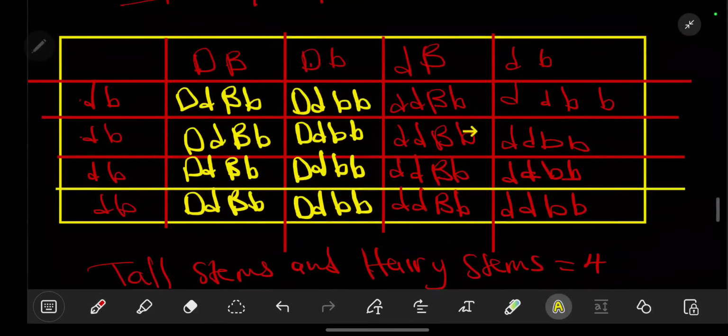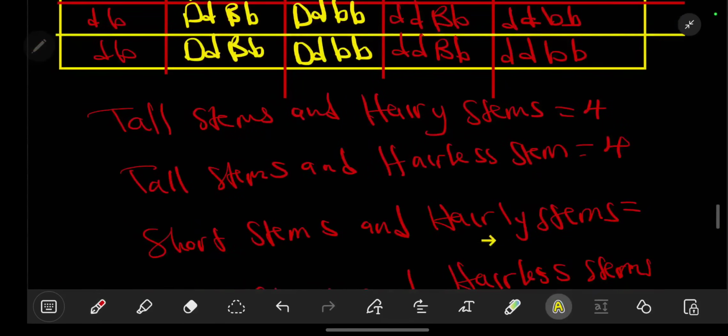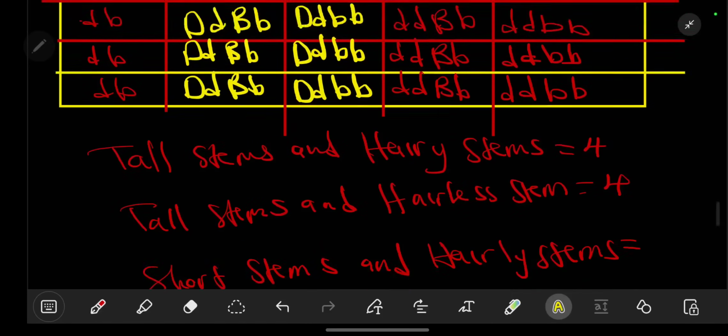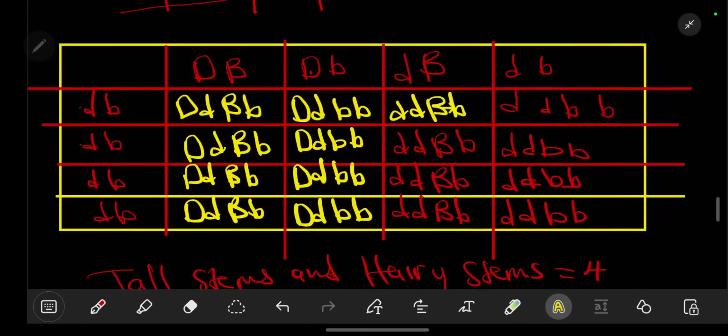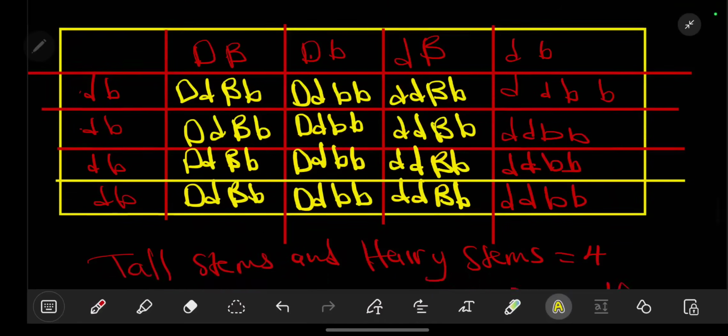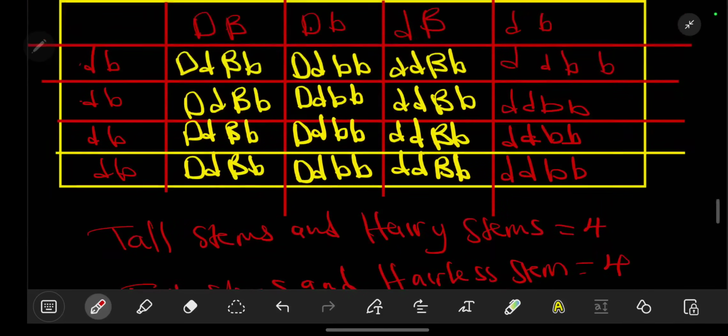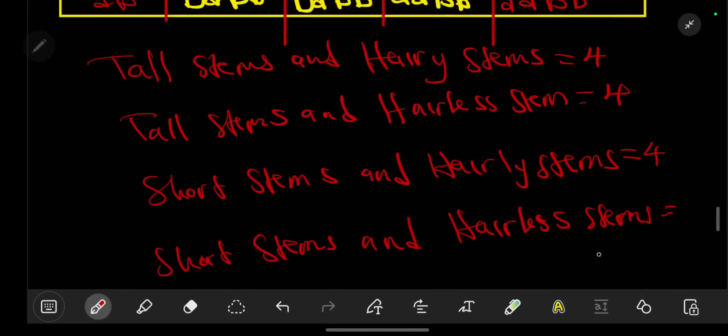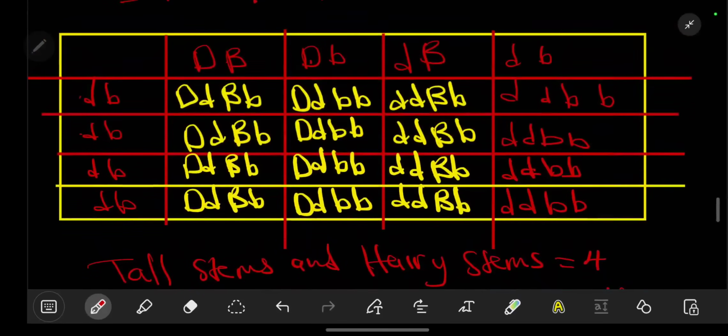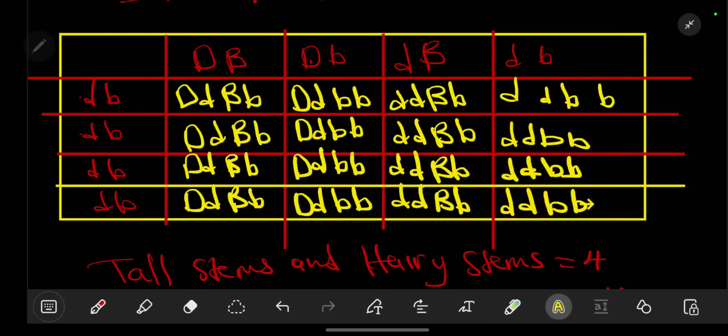So we have short stems and hairy, meaning we expect to see at least one big letter B but two small letters of d. We are going to have a 4 there. Then here we are going to have 4 short stems and hairless stems. We expect to have something like this.